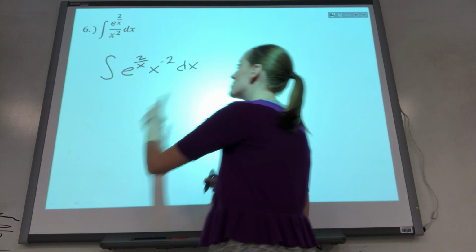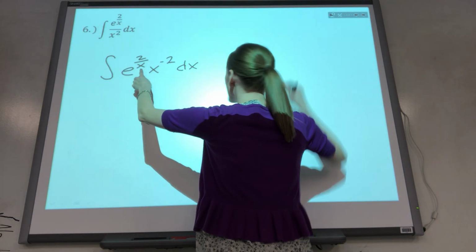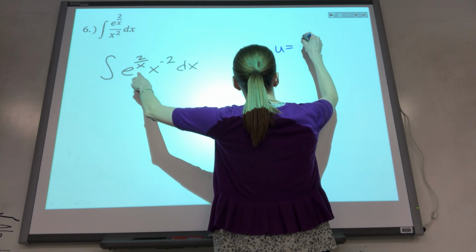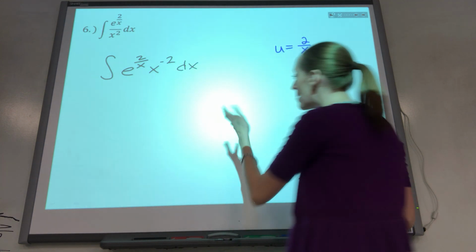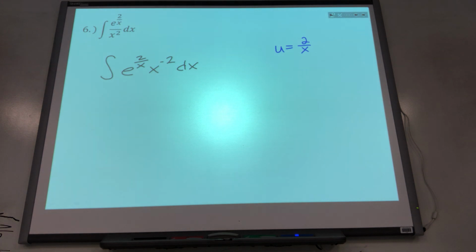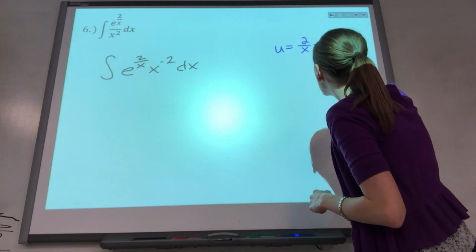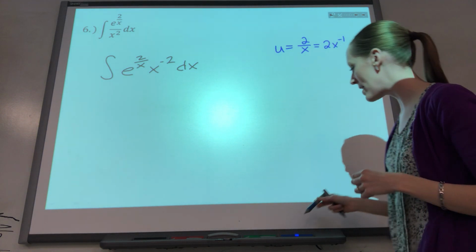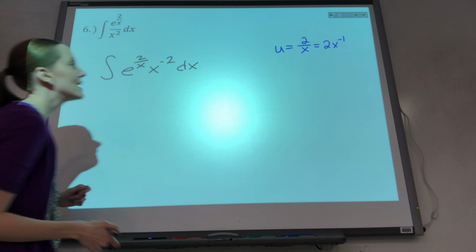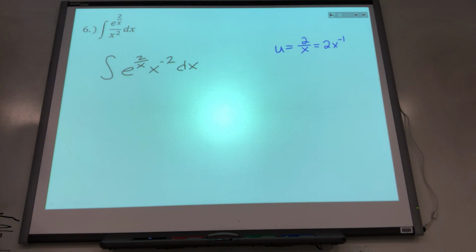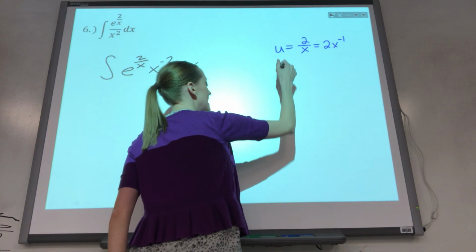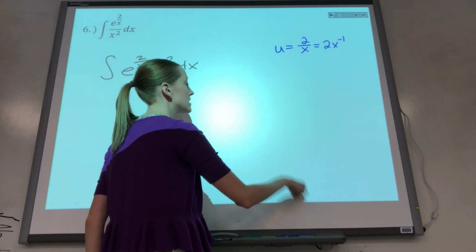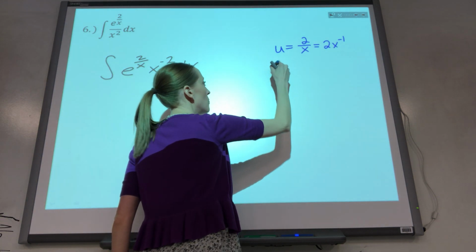Okay, Mrs. Street said most of the time, if it's e to some power other than x, that power other than x is probably going to be the u. I don't really like how that looks, so let's maybe think of that as 2x to the negative first, because then it's a little bit easier to do the du part.